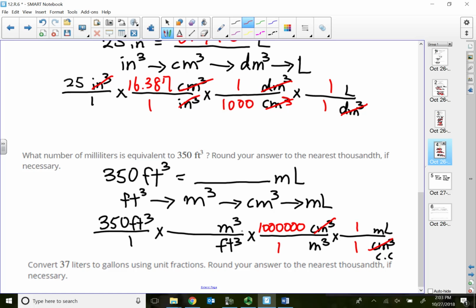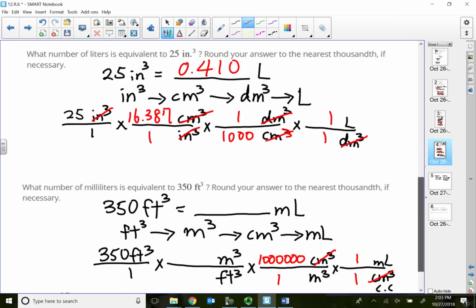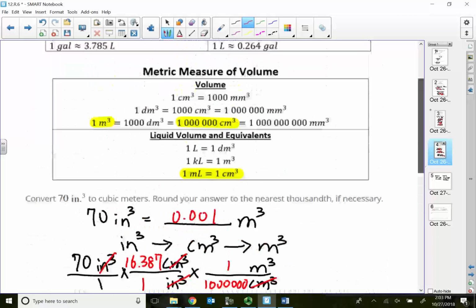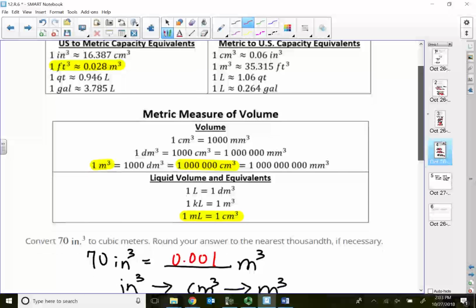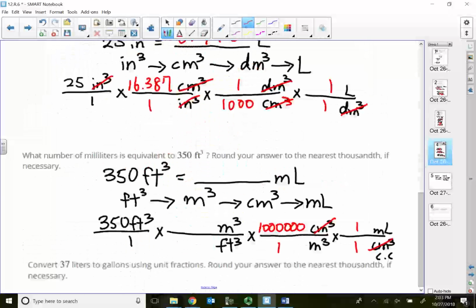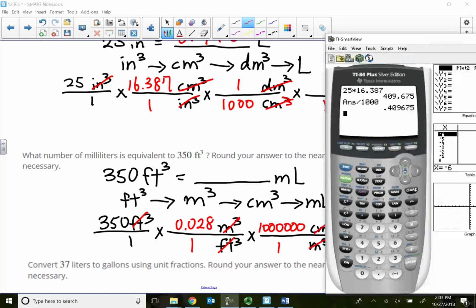So cubic feet to cubic meter, that would be 0.028. That's 1 to 0.028. That cancels out, this cancels out, so this problem is just 350 times 0.028 times a million.